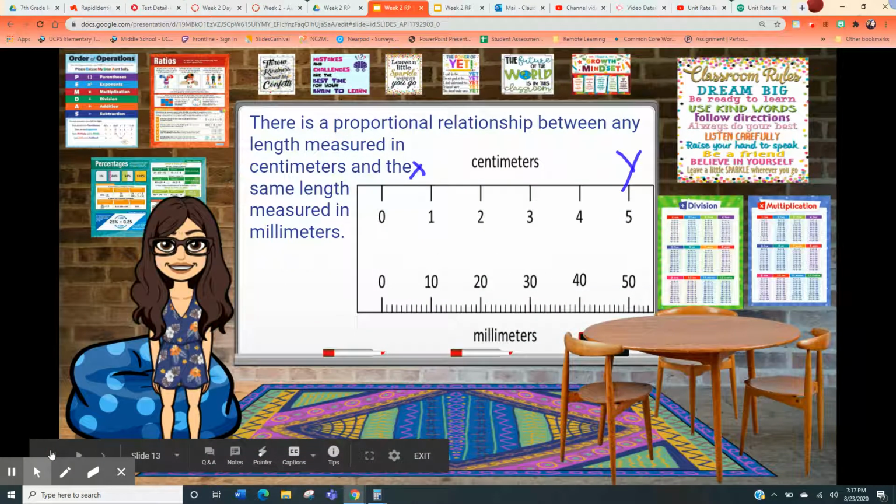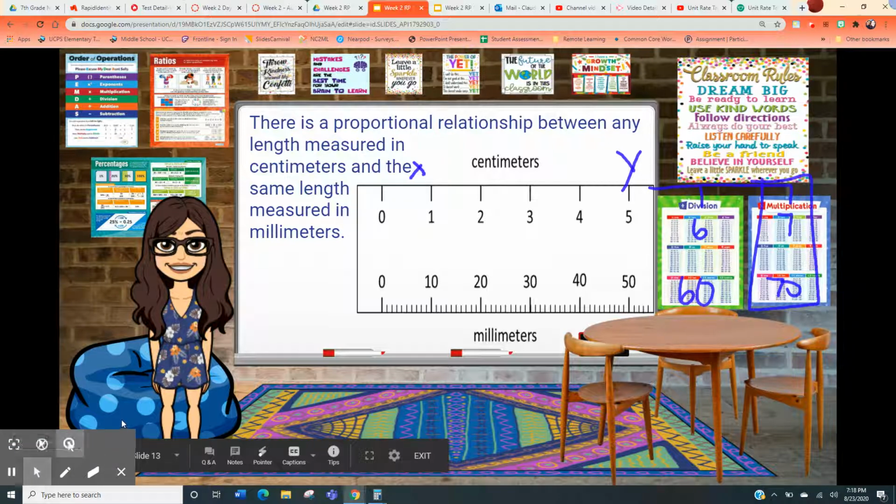We don't have 70, but if I had kept going, I'd have 60, I'd have 70, then here I'd have 6, and here I'd have 7. So I know that for every 70 millimeters, it's 7 centimeters.